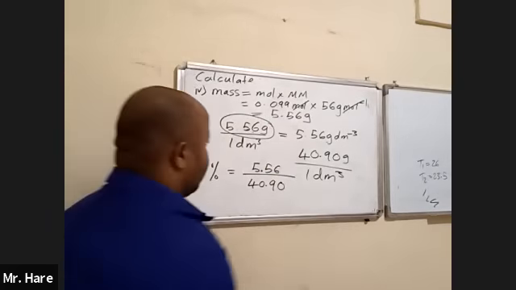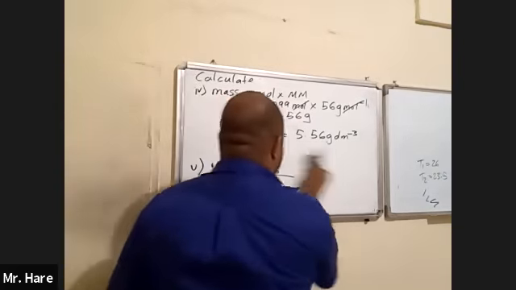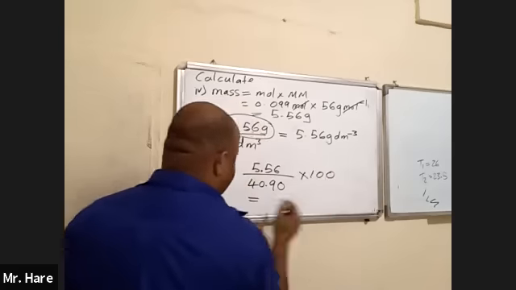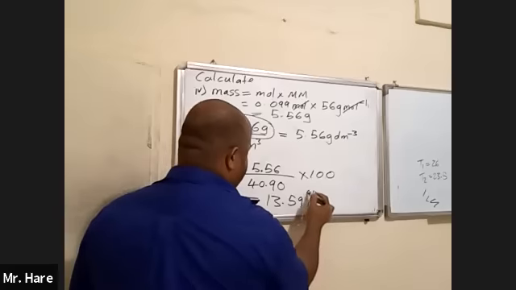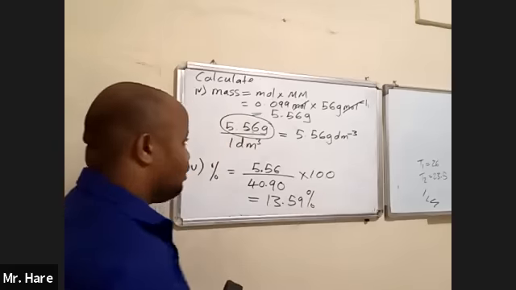So it is 0.136 times 100. How much again? 13.59. All right, so 13.59%.